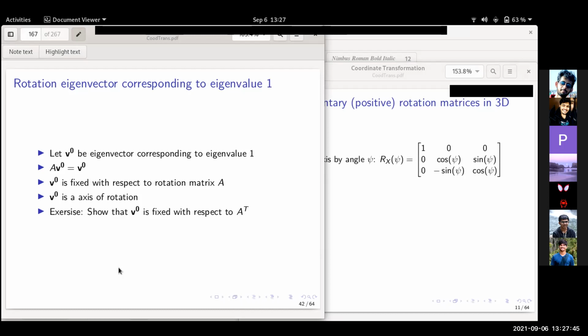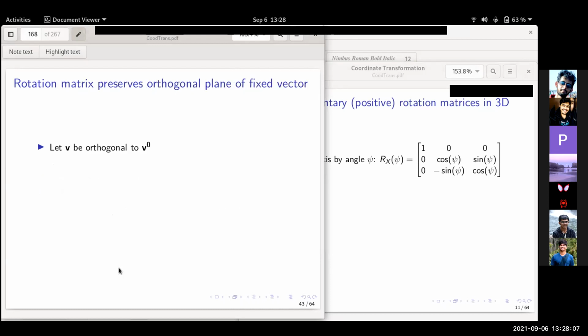That means any scalar multiple of V0 also will have the same property. A times alpha V0 will be alpha times V0. So this vector V0 can be thought of as lying along the axis of rotation. Do you accept this? Yes, sir.